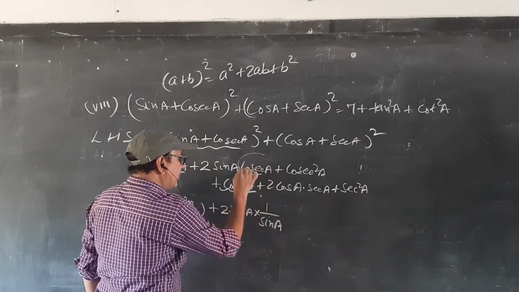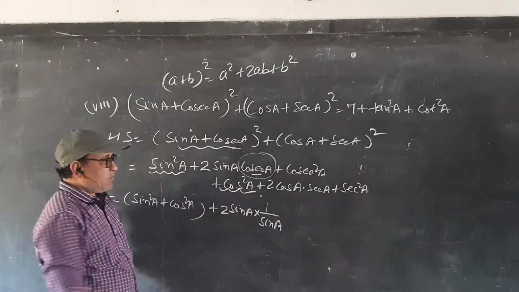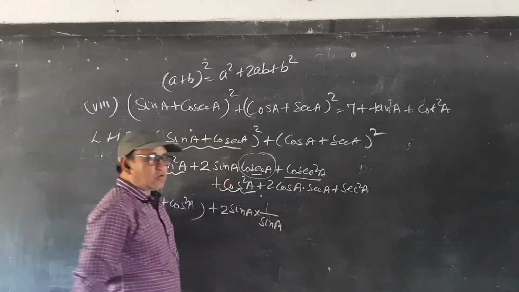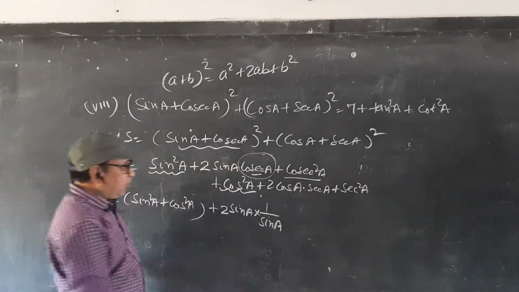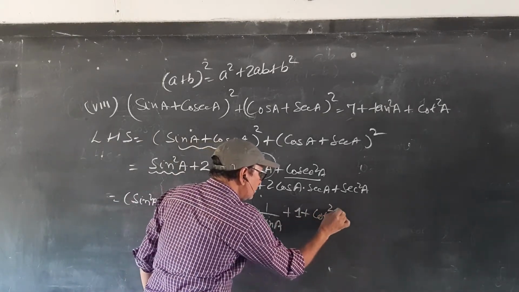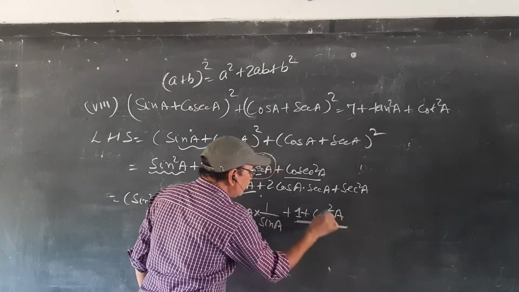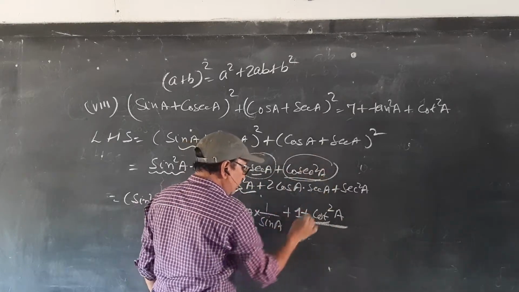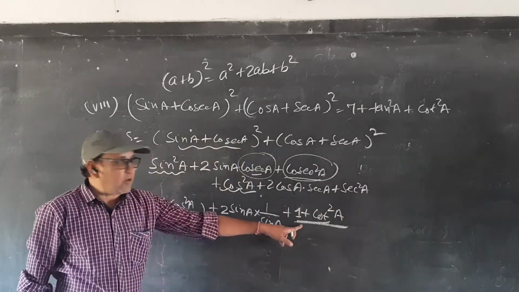This thing I have written here. Okay? Then open cosec square a. Identity of cosec square is 1 plus cot square a. I have written cosec square a as 1 plus cot square a.